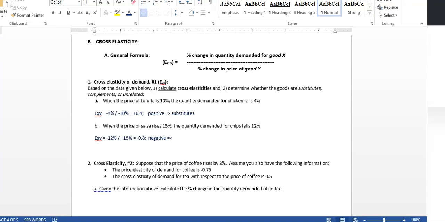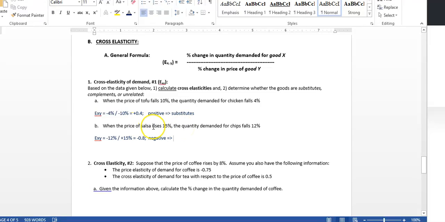And again, if you're not sure, plug in an example. Coke and Pepsi, would that work here? So say to yourself, if the price of Pepsi rose 15%, would it make sense to buy less Coke? No, we buy more Coke. Therefore, these can't be substitute goods. So let's try chips and salsa.